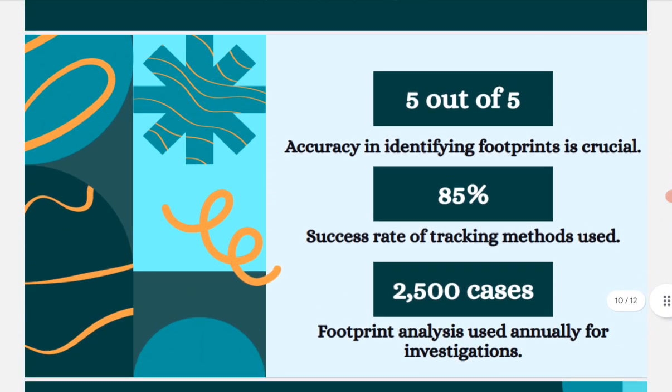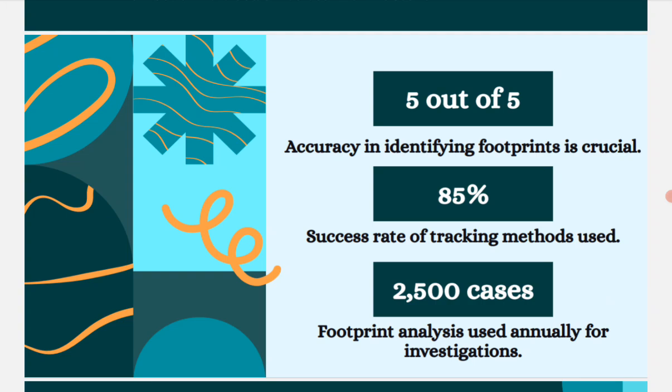So here we have some statistics about footprint analysis for strong accuracy. We can say the success rate in many studies reaches 5 out of 5 for identifying footprints, or we can say correct identification.